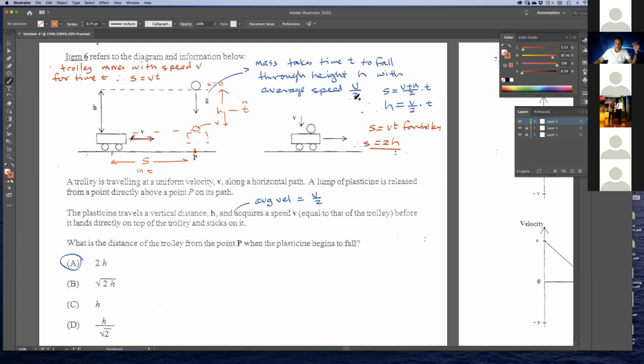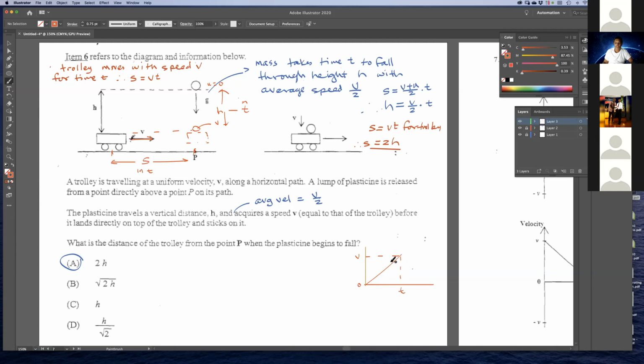Now, this is the critical point. If it's starting with a velocity of 0, and it's reaching a velocity v, then we can work out the average velocity. The average velocity is initial plus final over 2. You have a graph like this, and this is your v, and this is 0, and this is t.